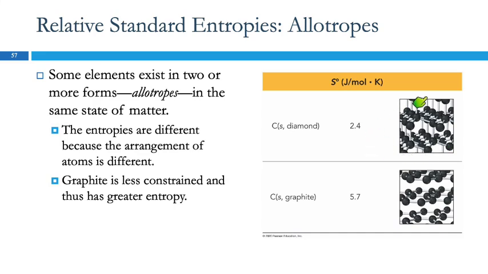So in a diamond, we have carbon atoms, but they're covalently bonded to each other in a three-dimensional structure. They cannot move relative to each other at all. In graphite, we have two-dimensional sheets of carbon atoms that are bonded to each other, and these sheets are held together by intermolecular forces, and they can slide relative to each other. And so the graphite has more entropy than the diamond does, because it is less constrained.